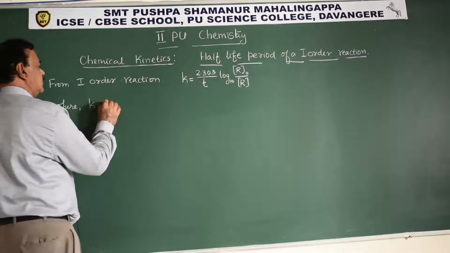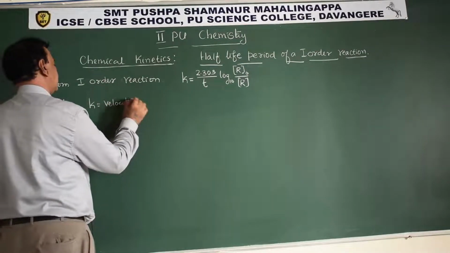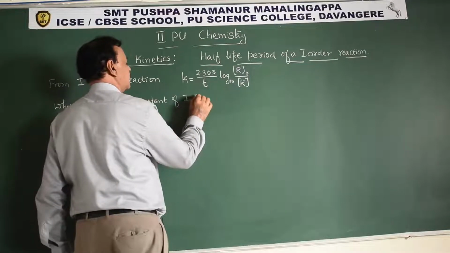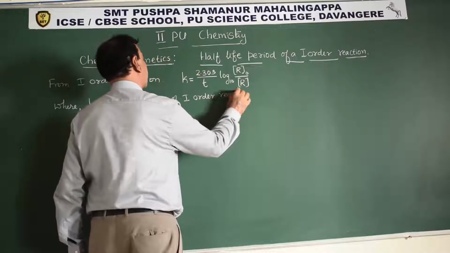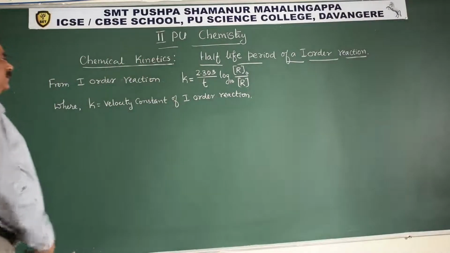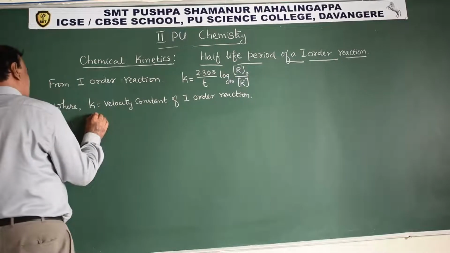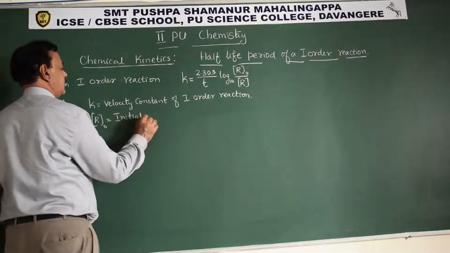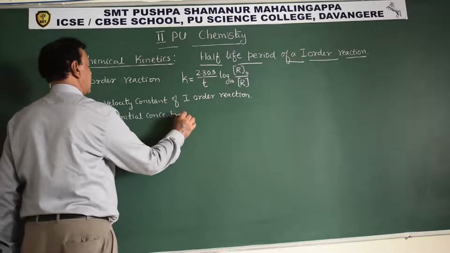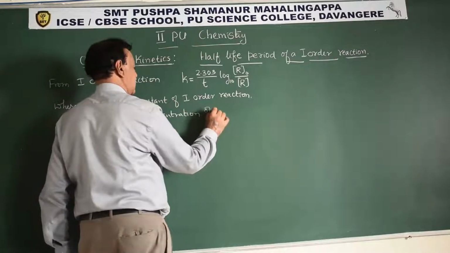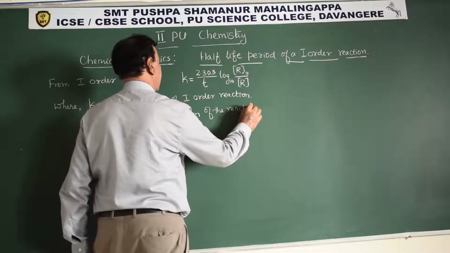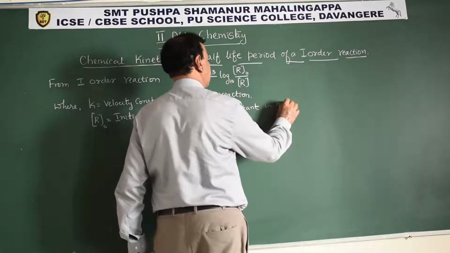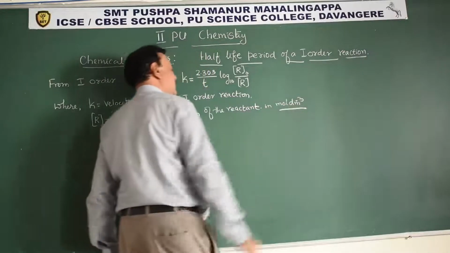Where K is equal to the velocity constant of the first order reaction, R naught is equal to the initial concentration of the reactant, that is in moles per cubic decimeter or moles per liter.